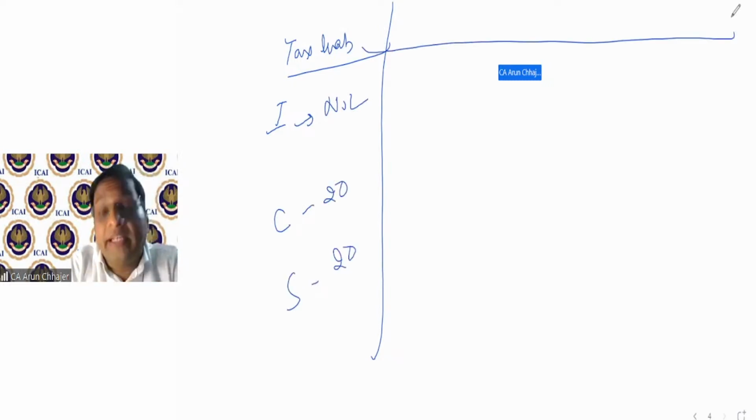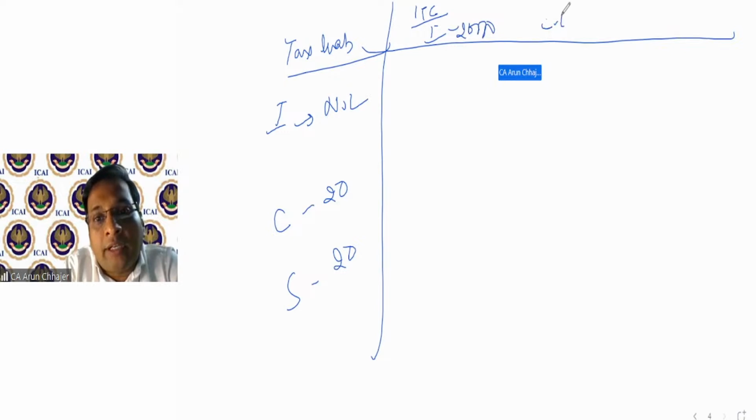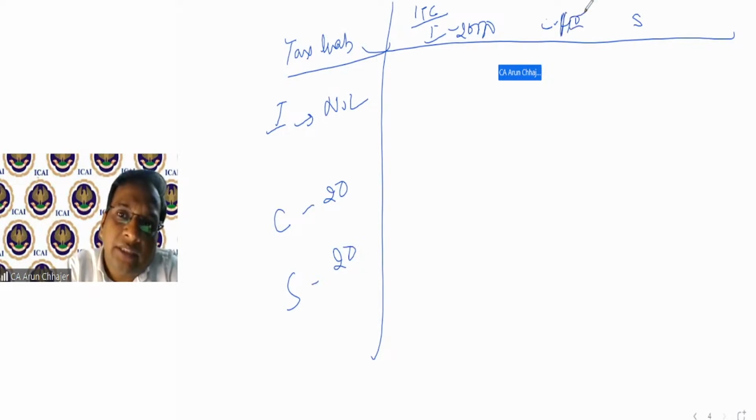You have to solve one practical question. And you have the input tax credit in I, let's say 20,000, in C 40,000, and in S 40,000. Or you can reduce that amount, let's say 15,000, and in S, let's say it is 10,000.